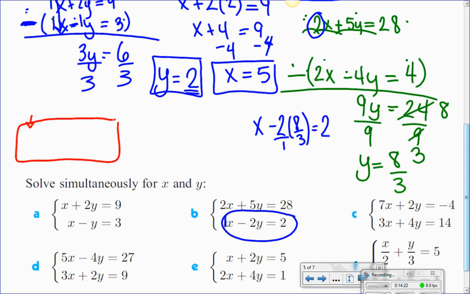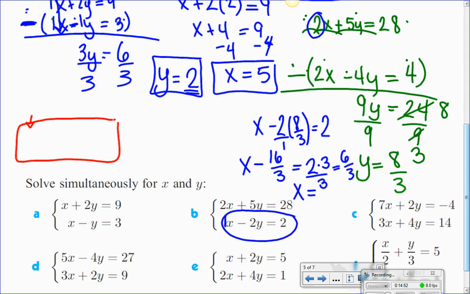Right, so this is 2 over 1. x minus, we can multiply straight across with our fractions, so 16 over 3 is equal to 2. And we're going to add 16 over 3 to the other side, so x is equal to 2 plus 16 over 3. If we want a common denominator, we can make 2 have a common denominator of 3, so that's 6 over 3.